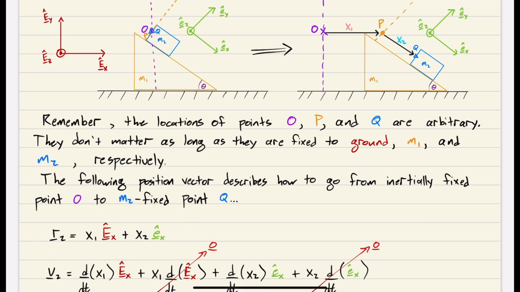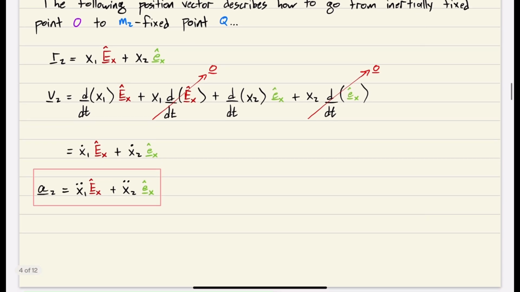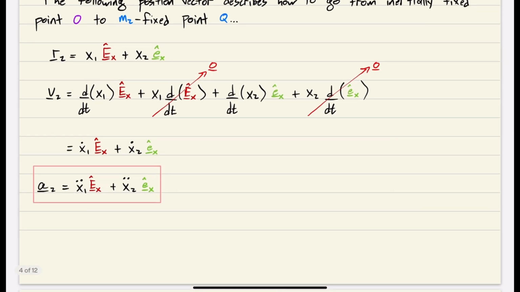So to get to body 2, measured from an inertially fixed point, we traveled x1 in the EX direction. That gets us to point P. And then we traveled x2 in the green EX direction. And that got us from our inertially fixed point to point Q. And when we take the derivative of this, which is just me expanding out the product rule, the derivative of the first times the second plus the first times the derivative of the second, right?